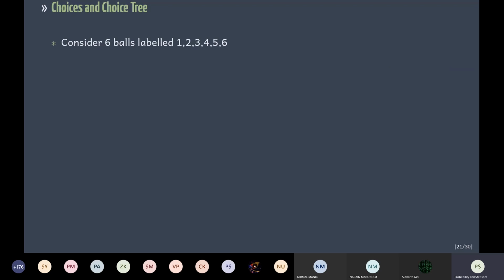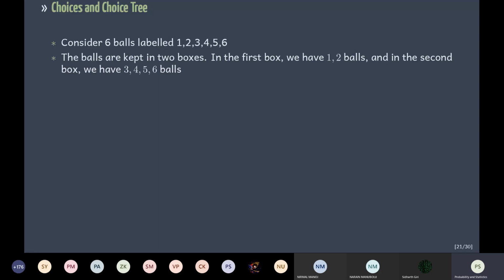So consider a choice tree example. We have seen a choice tree in a Galton board, but let us see another example of that. Consider 6 balls labeled 1, 2, 3, 4, 5, 6, kept in two boxes.